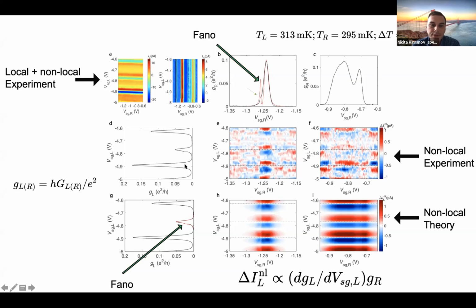Sometimes some of the conductance peaks are split, and we assume that this happens because of the phonon resonance effect. In the fitting, we sometimes make those phonon resonances stronger than in the experiment, because this helps us reproduce the behavior of the non-local thermoelectricity better.